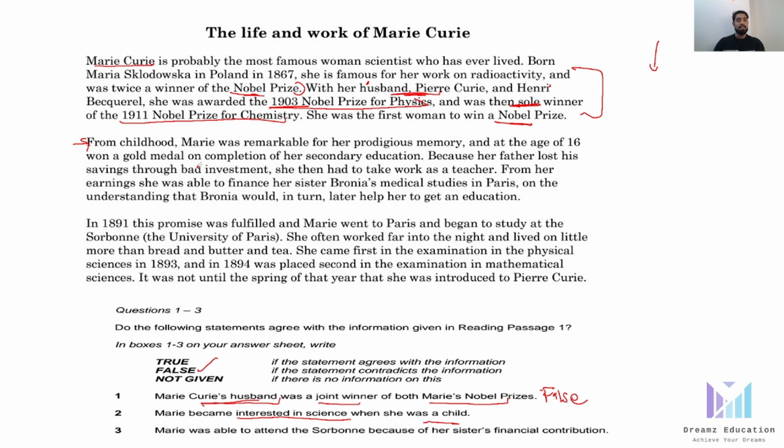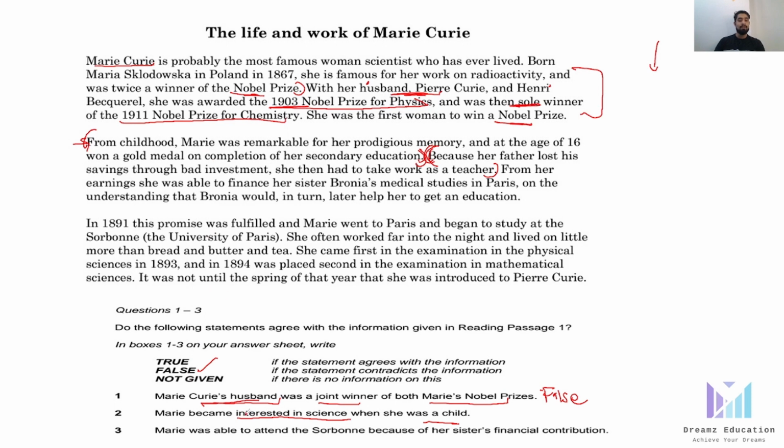Because her father lost his savings through bad investment, she then had to take work as a teacher. So everything is spoken about the childhood here, and from her earnings she was able to finance, so this is all when she had grown up. From here, we have only one sentence related to her childhood.